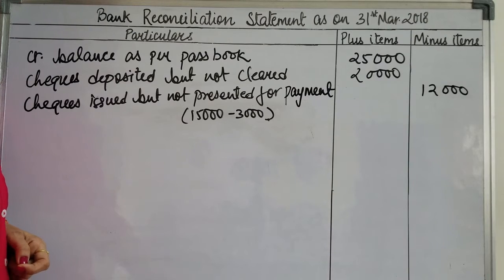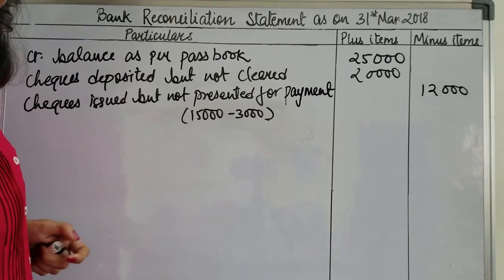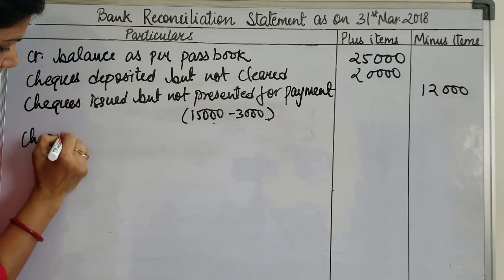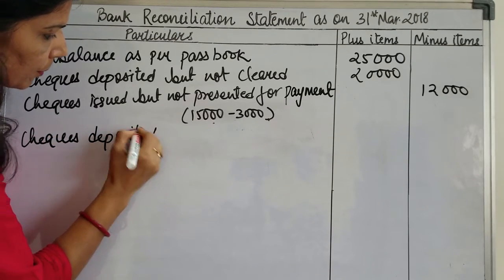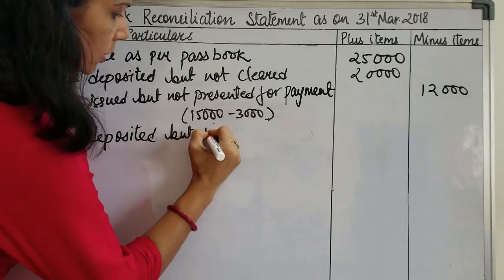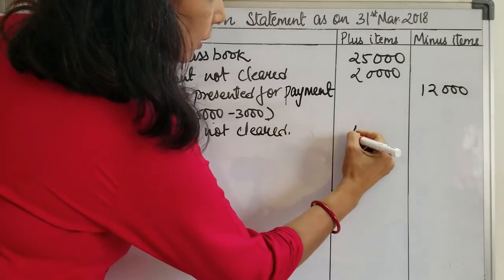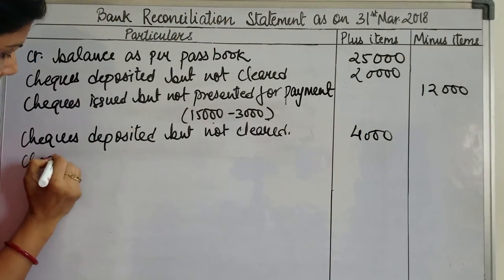Checks of rupees 10,000 were deposited in bank on 28th March 2018, out of which checks of 4,000 were cleared on 2nd April and the rest are dishonoured. Here we will have to break the statement into checks deposited but not cleared, and the amount will go here in the plus items column, and checks returned dishonoured 6,000.